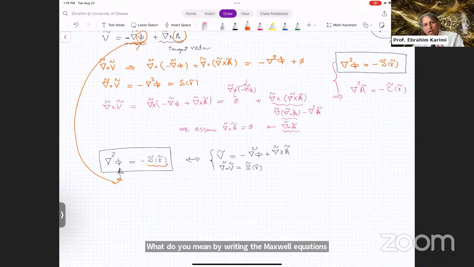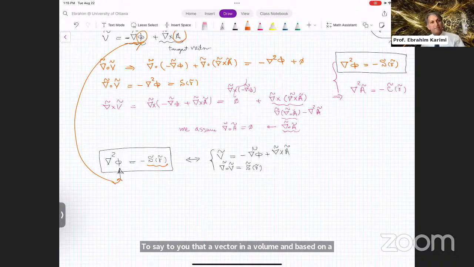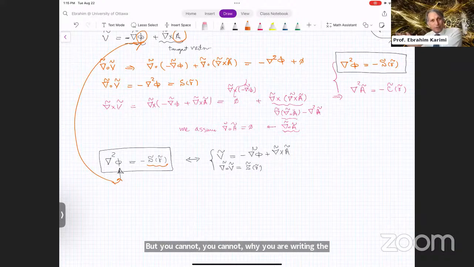Helmholtz theorem has proofs saying that a vector in a volume, based on a boundary condition, will be uniquely defined, and what will be the values of them. But you cannot, why you are writing the divergence of E is equal to rho divided by epsilon naught. Those are Maxwell equations that I call them. Okay, you cannot go in this way.